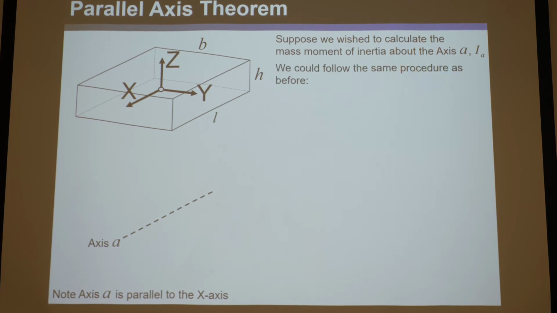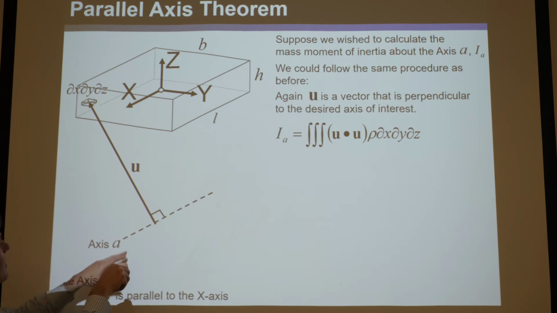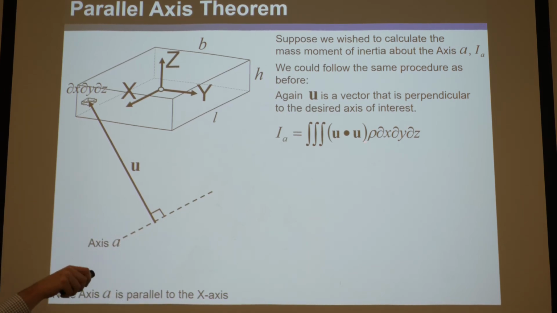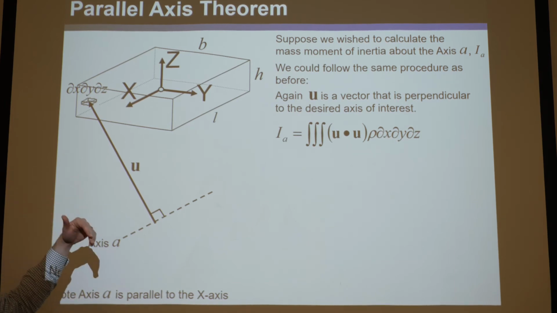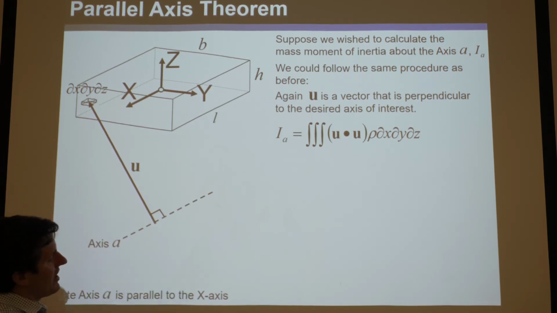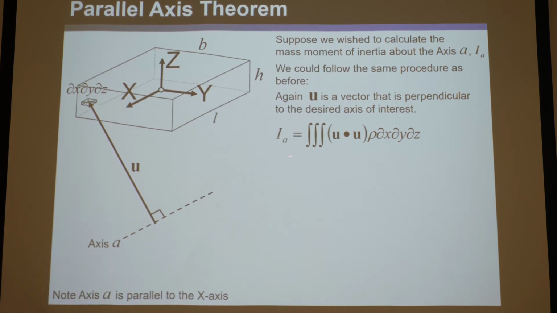Or, I mean, you could use the same approach as before. This is the same equation. You would still take u, where the x component is 0 because it's parallel, and y, z, basically a vector that points perpendicular to this axis, to everything in there, and multiply it by rho dx dy dz, and you would get your mass moment of inertia about axis A, so it'd be IA.